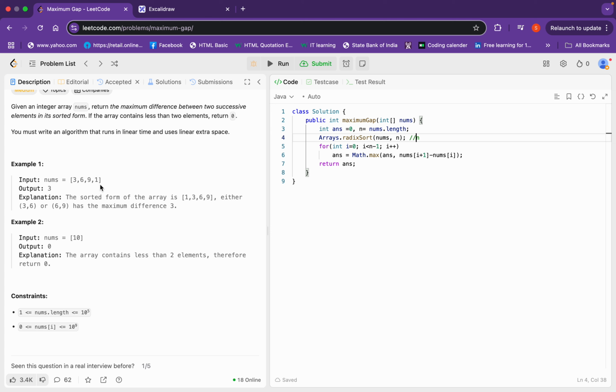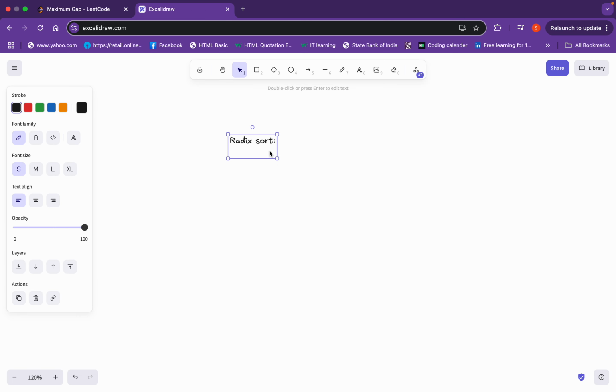So the key idea behind Radix Sort is to exploit the concept of place value. Sorry for the spelling mistake.